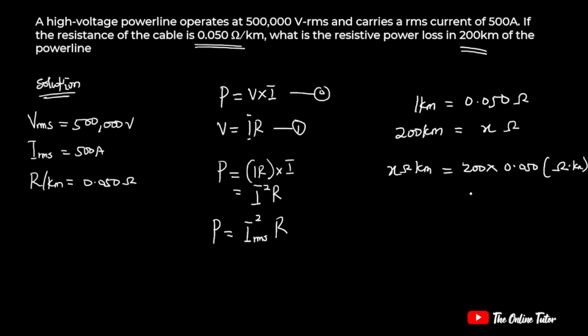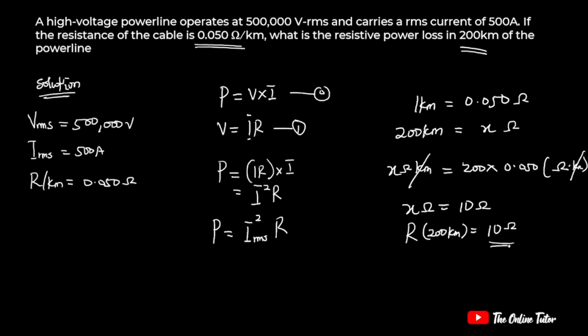Now we realize that we are looking for resistance in ohms, so the kilometers will cancel each other. So our x in ohms will be 200 multiplied by 0.05, and if we punch that into our calculator, we get 10 ohms. So our overall resistance in the 200 kilometer power line is 10 ohms.